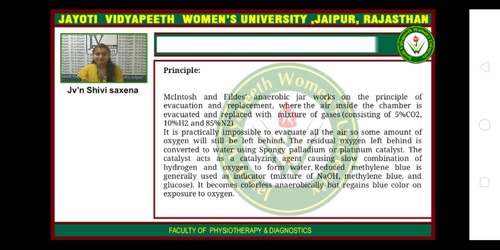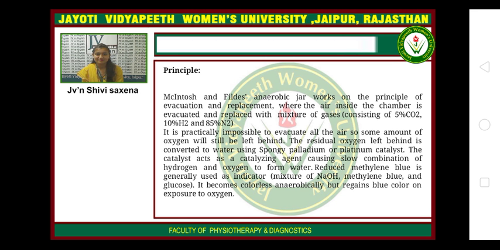It is practically impossible to evacuate all the air, so some amount of oxygen will still be left behind. The residual oxygen left behind is converted to water using spongy palladium or platinum catalyst. The catalyst acts as a catalyzing agent, causing slow combination of hydrogen and oxygen to form water.